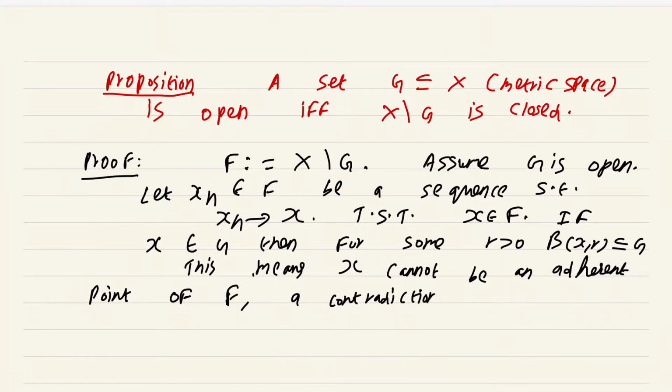What will happen is, after a particular stage, we must have x_n in this open set B(x,r). That's simply not possible because B(x,r) is now a subset of G.